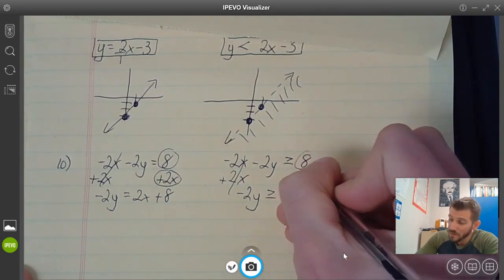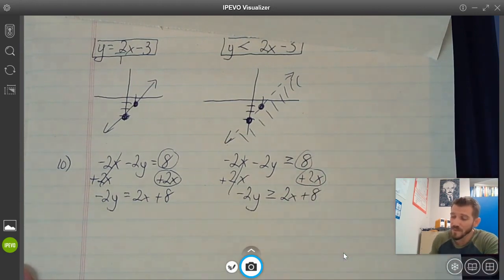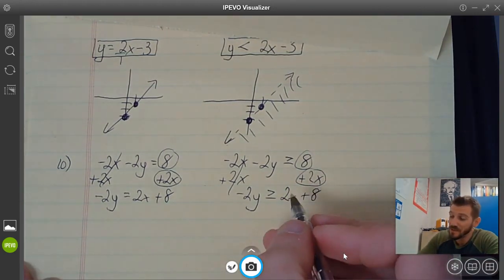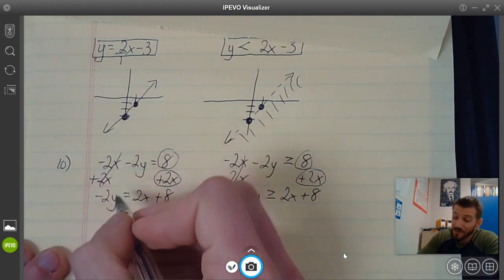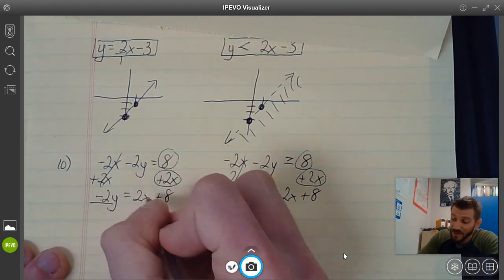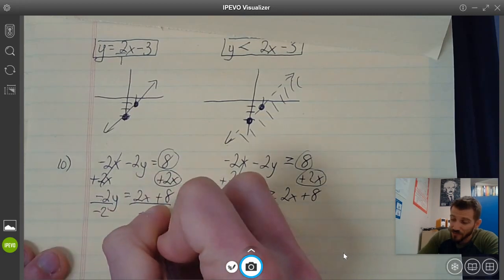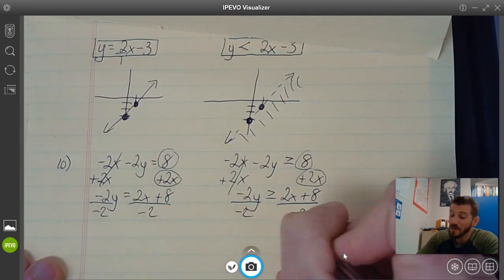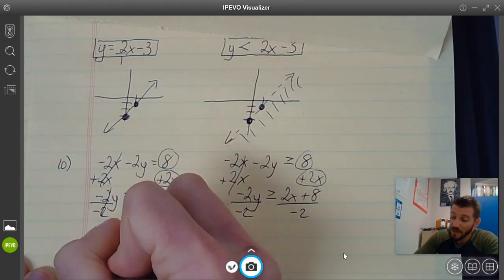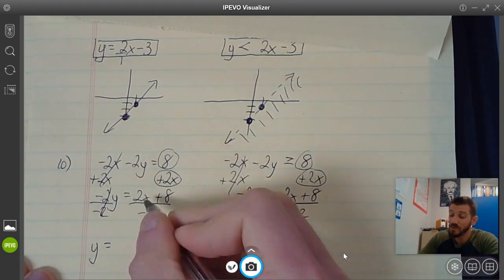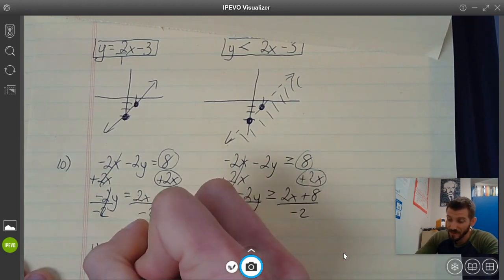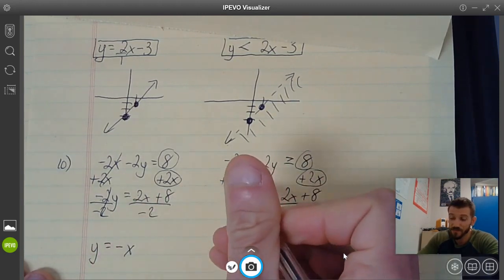2x plus 8. Okay, the next step that does divide the differences between equal signs and inequalities. I now have to get rid of negative 2 times y by dividing both sides by negative 2. When we do that, we get an answer of y equals 2 divided by negative 2 is negative 1x.